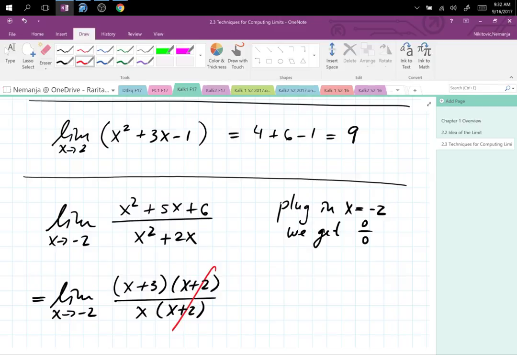That's what we actually use as the appropriate word. And the problem now is simpler. And also observe that if you now try to plug in negative 2, it works. Now when you plug in negative 2, you get 1 over negative 2, so the answer is negative half.